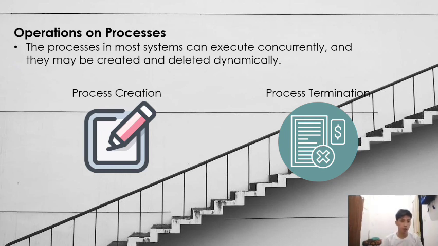One example of the parent process and child process relationship is when a user opens a web browser on their computer. The operating system will create a process for the web browser, which is called the parent process. If the user navigates to a website that uses JavaScript to display dynamic content, the web browser creates a new process, called a child process.